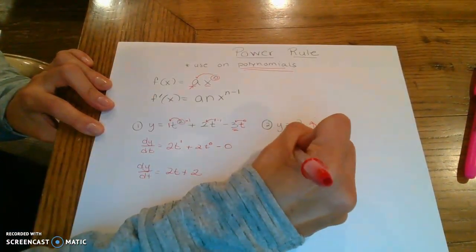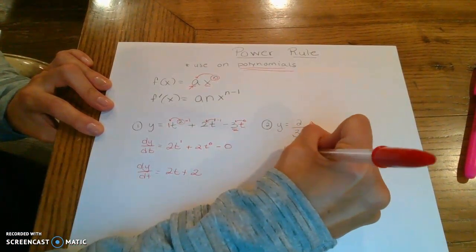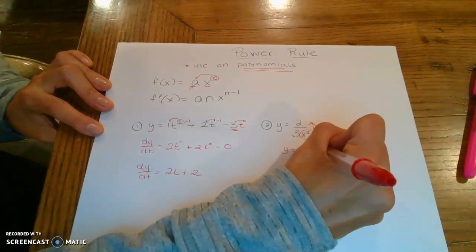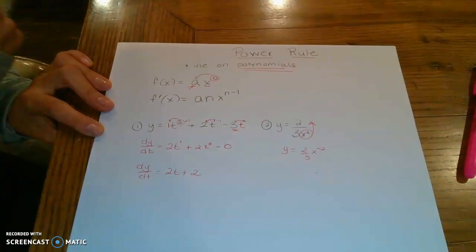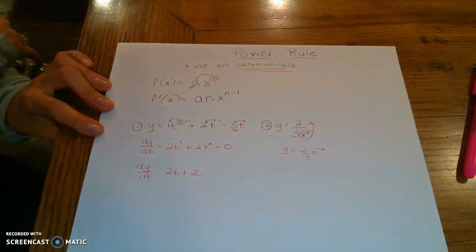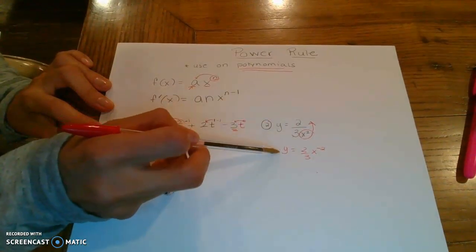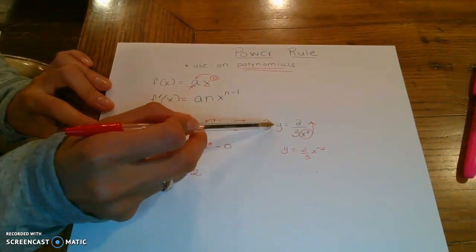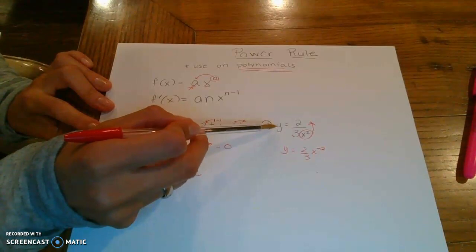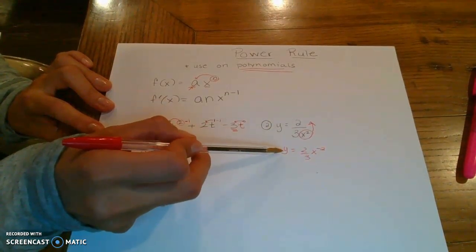So therefore this becomes y equals 2/3, and the x becomes -2 in the numerator or off to the side, whichever way you're comfortable with. Now, if you notice, my notation for the function did not change because I did not take the derivative yet. I just rewrote it. That's our first step.